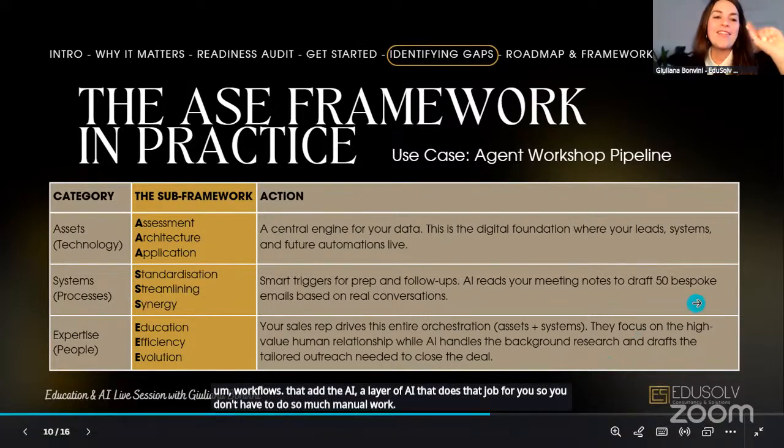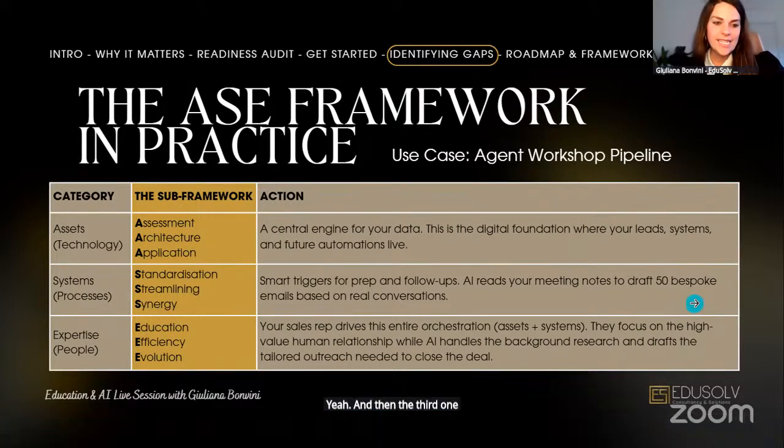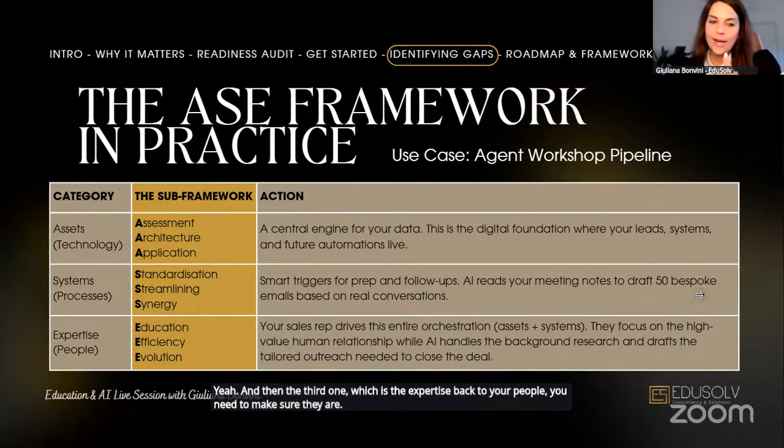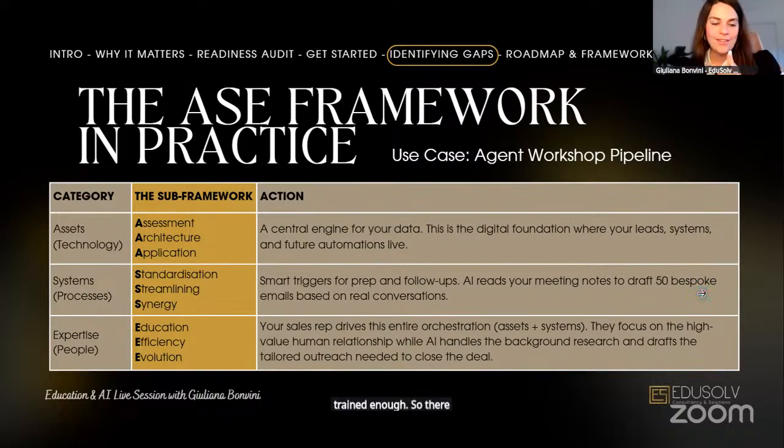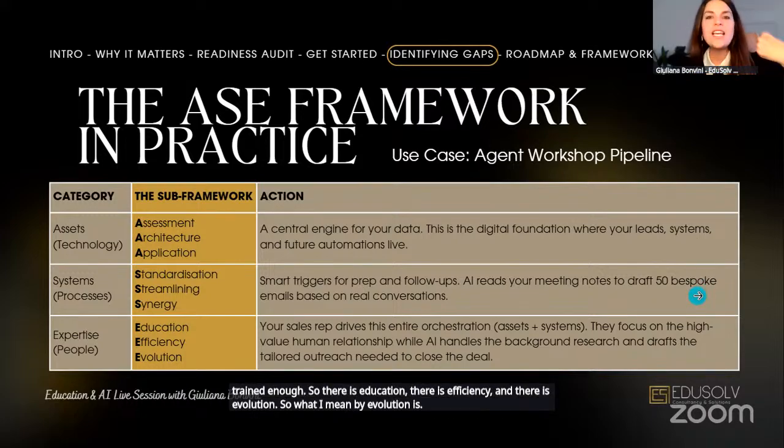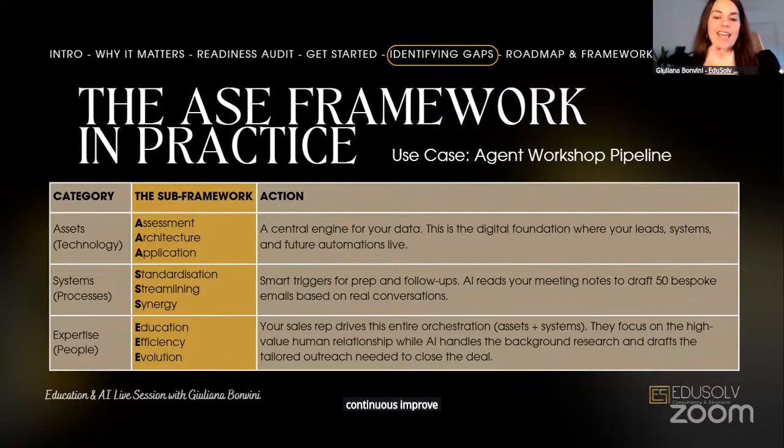Yeah. And then the third one, which is the expertise, back to your people, you need to make sure they are trained enough. So there is education, there is efficiency, and there is evolution. So what I mean by evolution is continuous improvement. And that's the difficult part, because it requires maintenance.